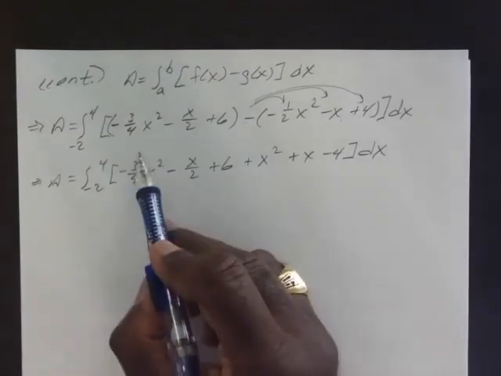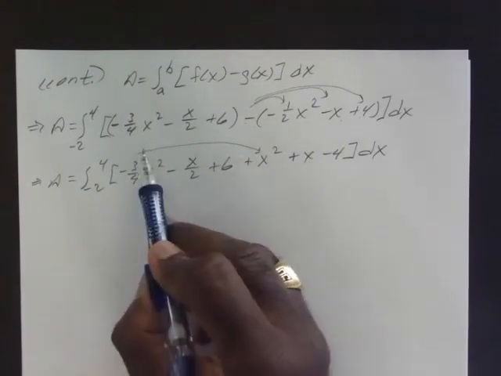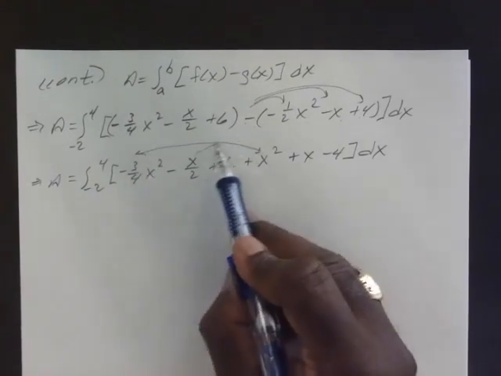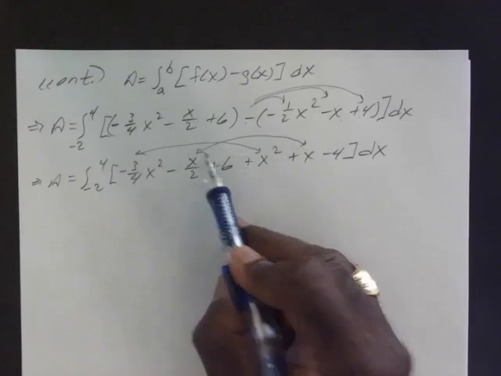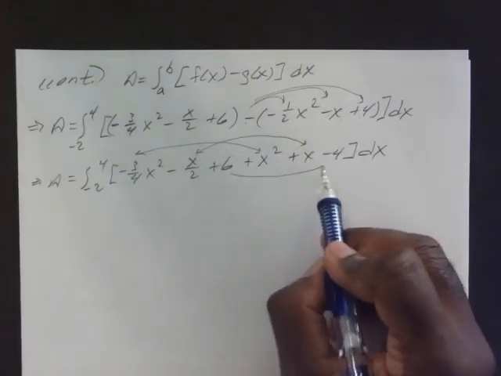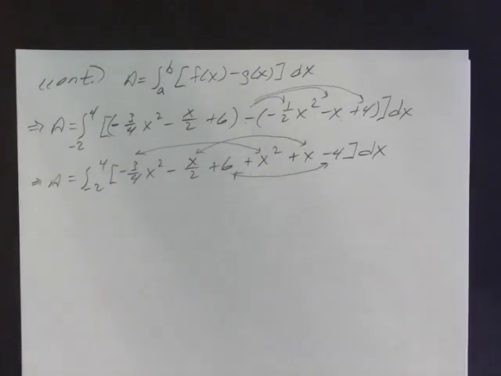Okay. So again, we can go ahead and just combine like terms. Combine our x squared terms, our x terms, and our constant terms.